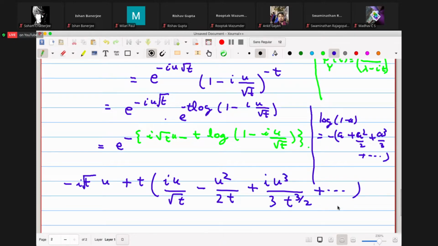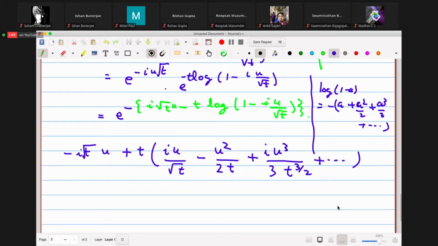And we are always going to keep track of the situation that we are only interested in allowing t to go to infinity, very large values of t. So this is equal to this i square root of t u, this plus i square root of t u, they get cancelled.